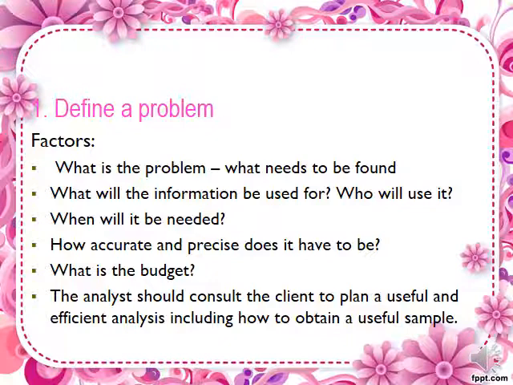When we define a problem, it means what needs to be found, what needs to be analyzed, what is your intention of information that you want to achieve or get, okay. And once you get the information, what will the information be used for, okay. Who will use it, when will it be needed? So these are the questions that normally are involved when we define a problem, okay.